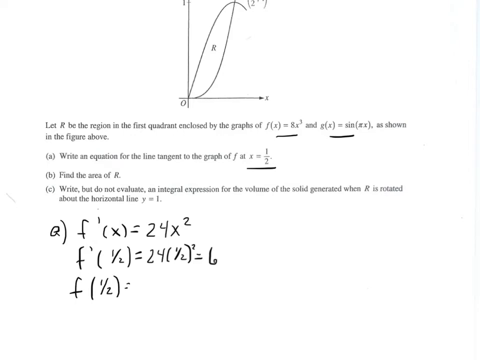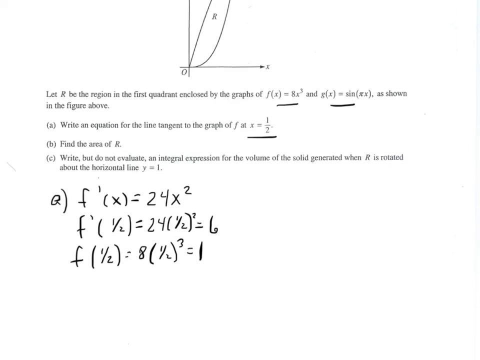So f of 1/2 is not 24, but it's 8 times 1/2 cubed, which is 1. So our line will be y minus y1 equals the slope times x minus x1. Okay, so that's it for part A.